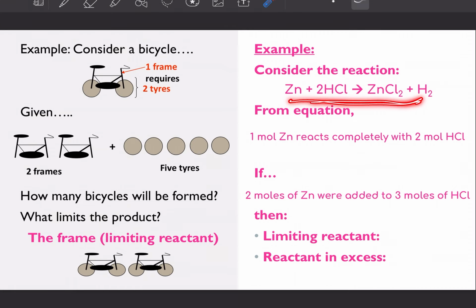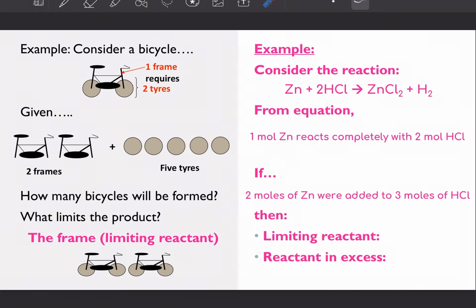So since this is the balance equation, we know from this equation that 1 mole of zinc will react completely with 2 moles of HCl. Alright, so let's say if 2 moles of zinc were added to 3 moles of HCl, how are we going to know who is the limiting reactant? So maksudnya daripada equation ni, we need to agak lah, okay, stoichiometrically 2 moles of zinc must react completely with how many moles of HCl.